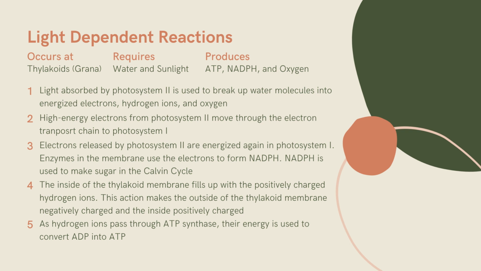So in summary, the light-dependent reaction uses water, ADP, and NADP+ to produce oxygen and two high-energy compounds, ATP and NADPH. ATP and NADPH are very crucial for our next step because without ATP and NADPH, the Calvin cycle will never occur.